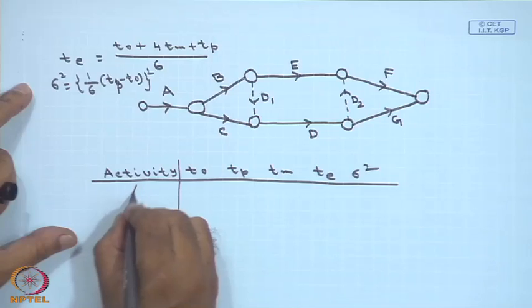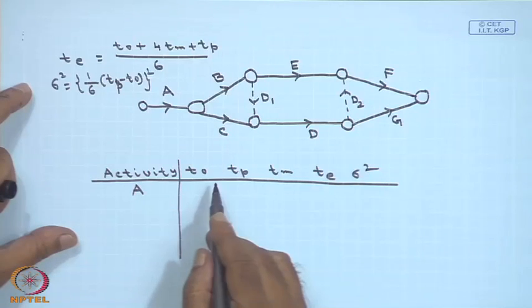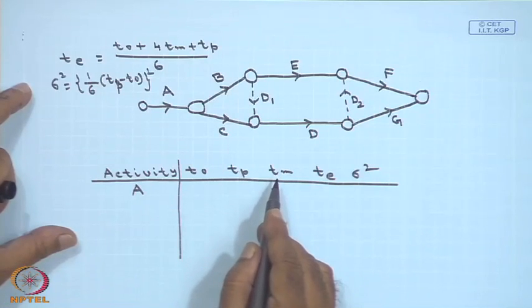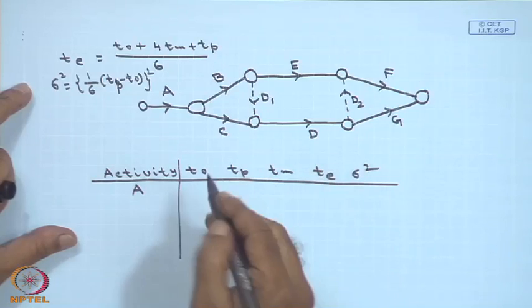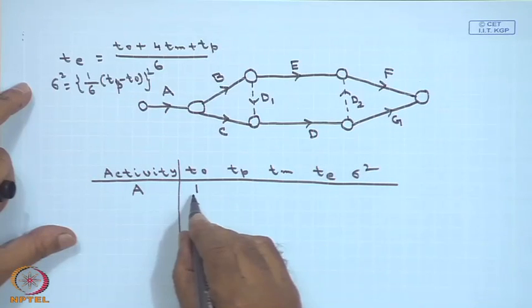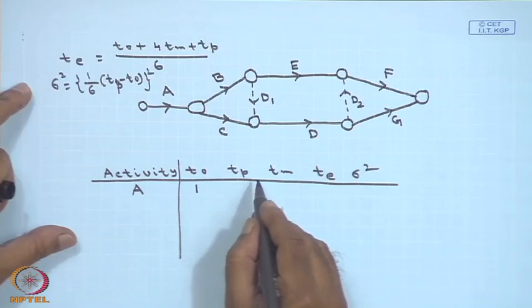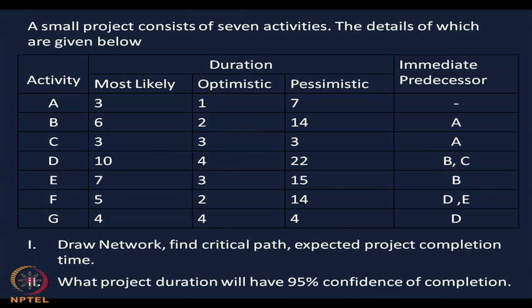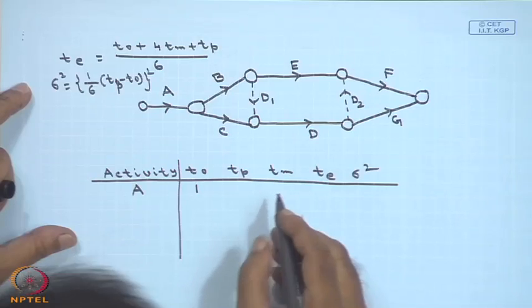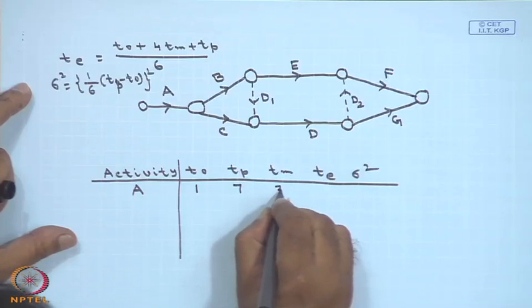So see the first activity. For the first activity, what are To, Tp and Tm? Let us see the table once. On the table, To is 1, Tp, that is the pessimistic time, is 7 and Tm is 3.